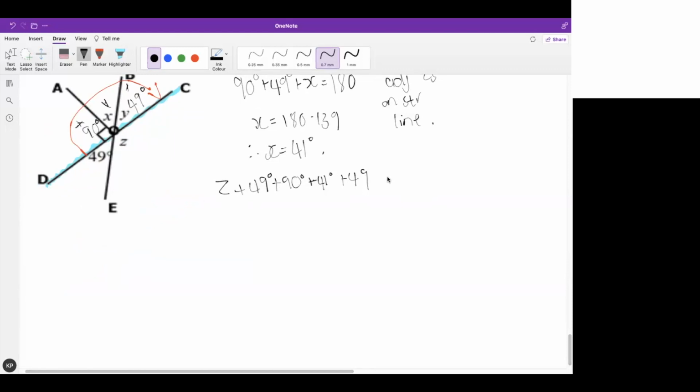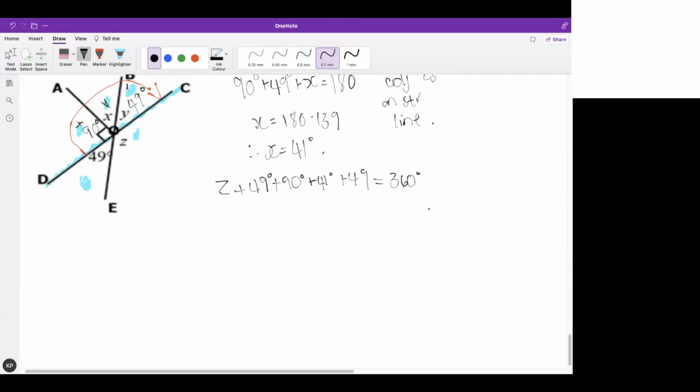Oh wait, no, I made a mistake. It's this 49 plus this 49 plus 90 plus X, which is 41, plus Z. That's all of them. How much are they supposed to equal? They're supposed to equal 360.